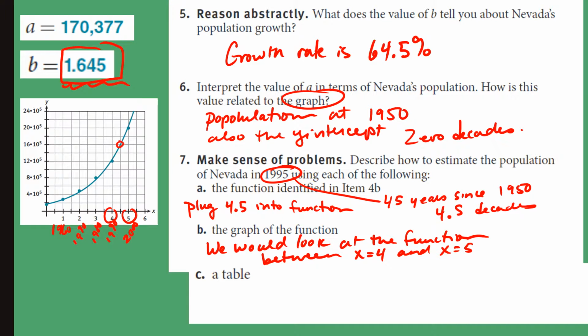And at a table, we'd kind of do the same thing. We would look between the x equals 4 and the x equals 5 numbers on the table and see what these outputs were, and look at that output and just determine what was between those.